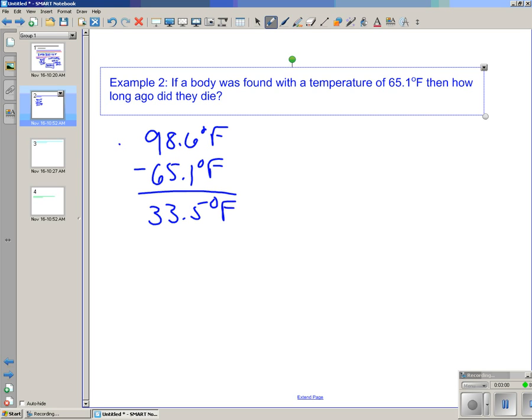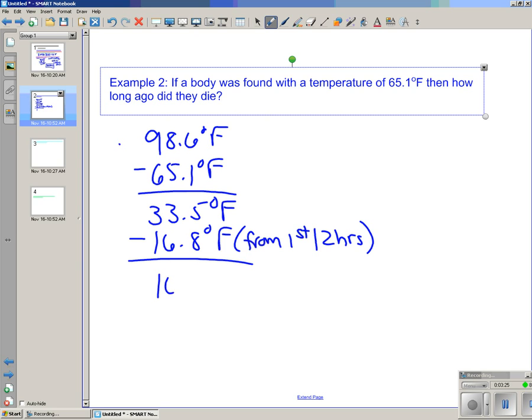Now, from the example that we looked at before, is 33.5 more or less than 16.8? We should be saying, well, that's much more. So we're actually going to subtract 16.8 degrees, because we know that this was lost in the first 12 hours. So that's already calculated. We'll take that away, and what it's going to leave us with is 16.7 degrees.